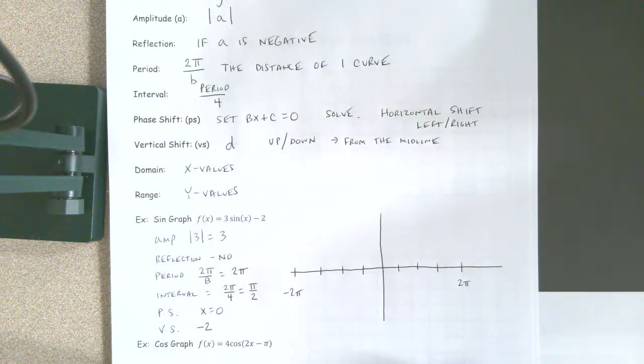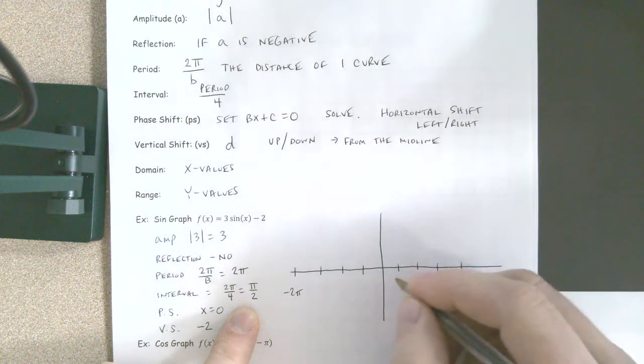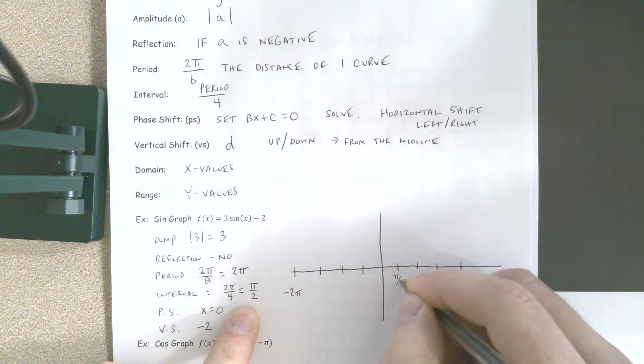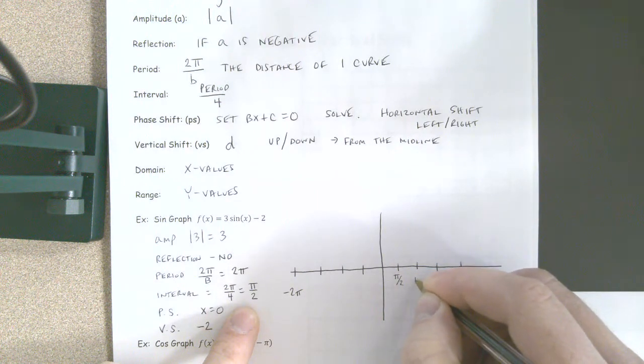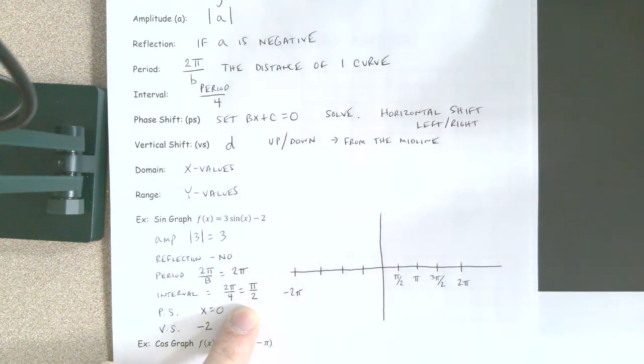Because we know the interval here is pi halves, that's what I'm breaking this 2 pi into. So from 0, this would be pi halves, and then pi, and then 3 pi halves.